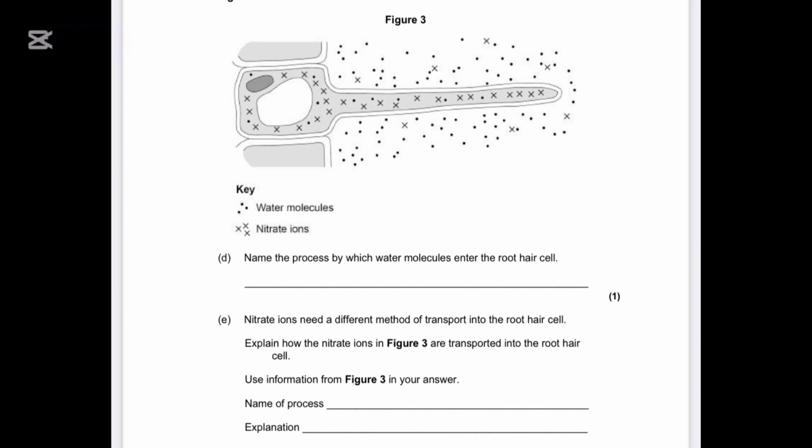So that is the way active transport works. I believe you understand that. Now, what is ATP? In case you don't know, ATP simply means adenosine triphosphate, which is an energy molecule.